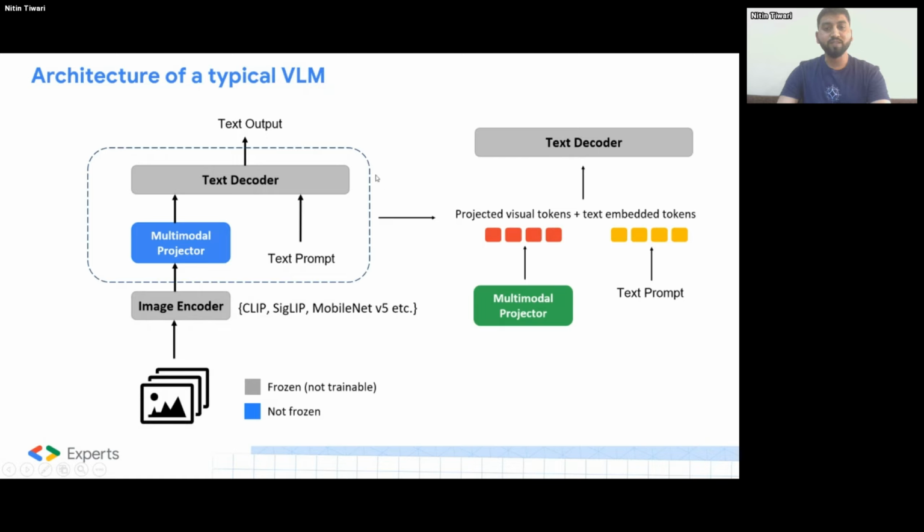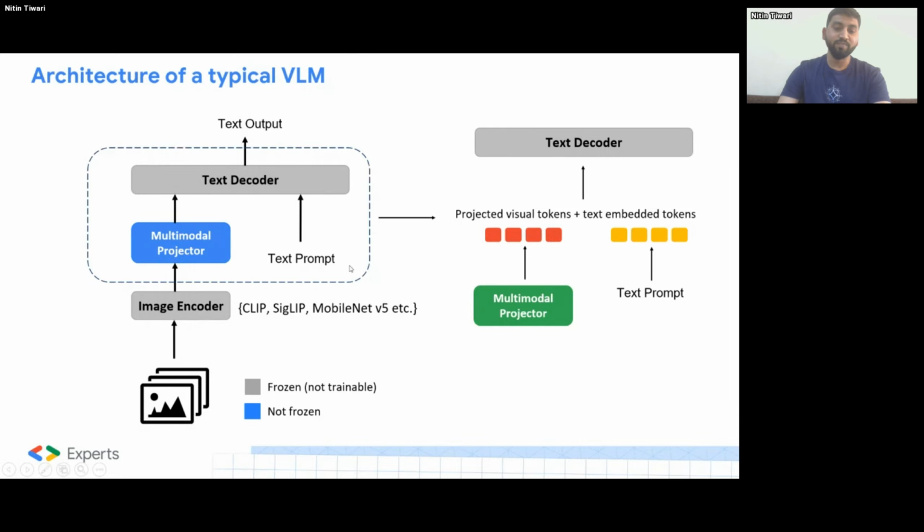If I zoom in on this particular part, once the image encoder output goes to the multimodal projector, this is what we get. The red ones are the visual tokens or embeddings of the image. The yellow ones are the text prompt embedding tokens.